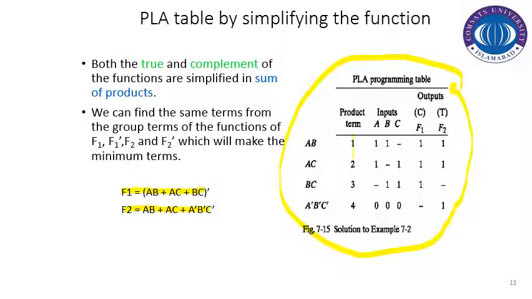These are the four product terms that are available in both functions, and we can see that these terms are common in complemented notation for f1 and in true notation for f2. Here you can see that these are the common terms.